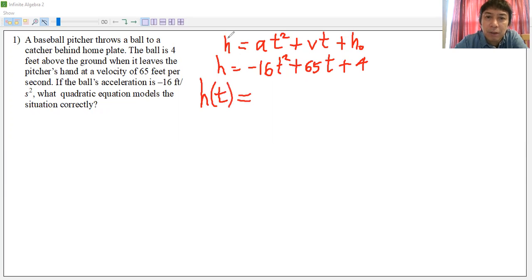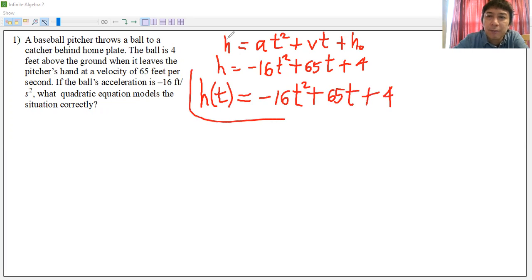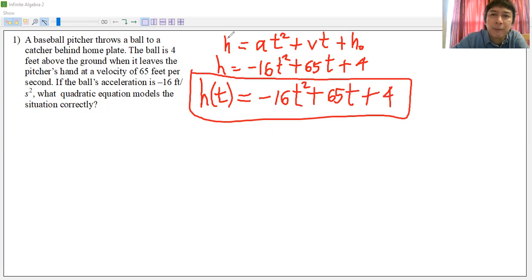H of t stands for height as a function of time, and this is negative 16 t squared plus the initial velocity of 65 feet per second times time plus 4 feet there. So this must be the required quadratic equation, and you'll be able to check the answer over there.